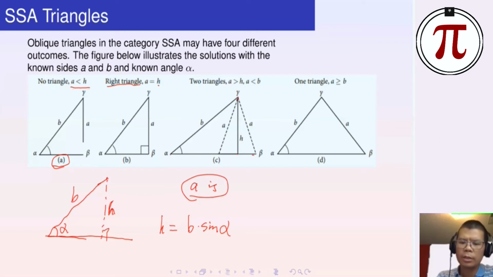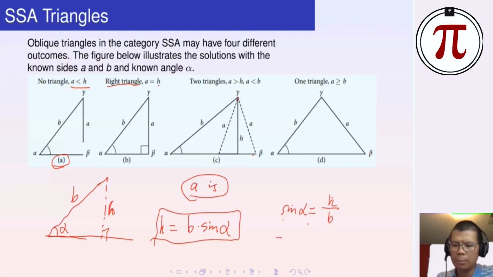Because sine of alpha equals h over b. It's the opposite over the hypotenuse, which is b. So h equals b times the sine alpha. If you multiply b on both sides, h is b times sine alpha. Yes?